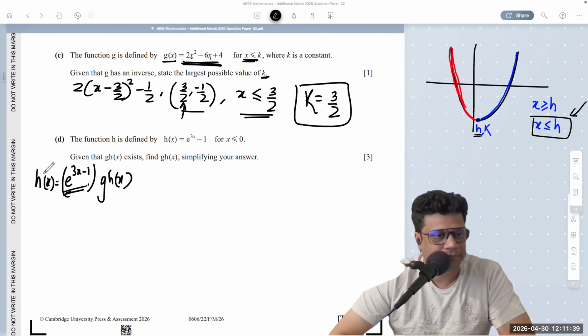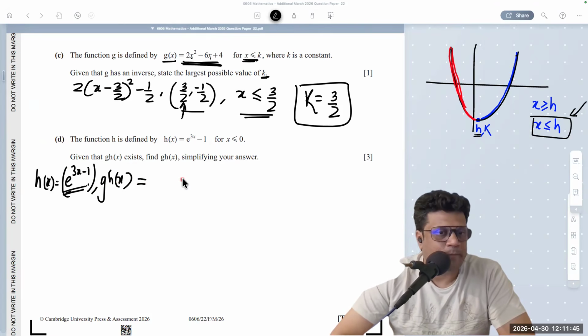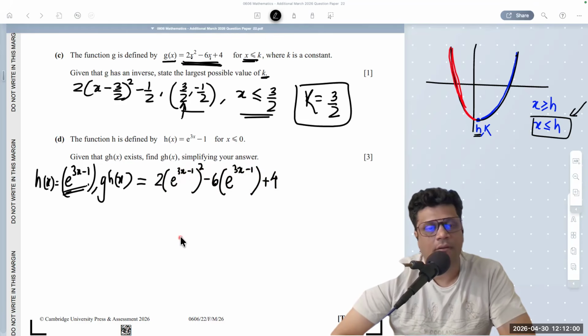It's going to be 2 times e to the power of 3x minus 1 squared, minus a 6 times e to the power of 3x minus a 1, plus a 4.